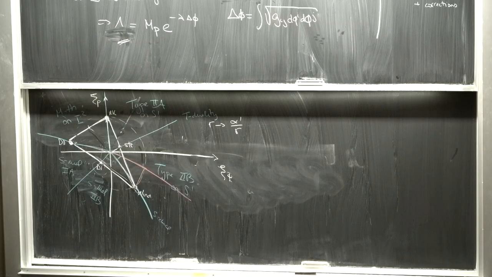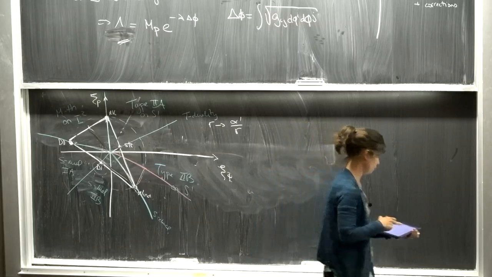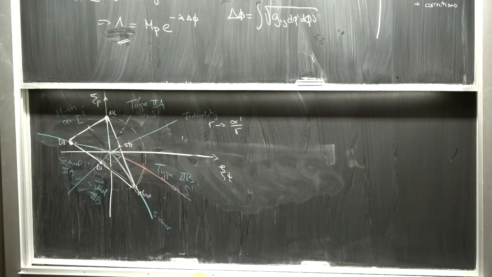So in the last 15 minutes, I'm not sure I will be able to do the Calabi-Yau example, but let me at least give you more intuition about the full landscape.